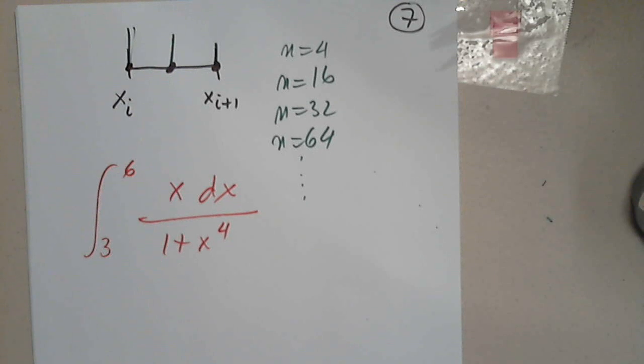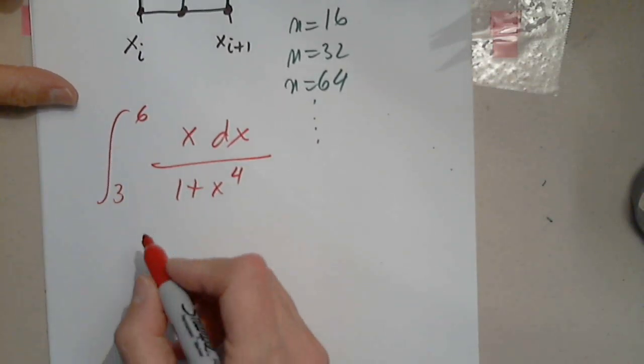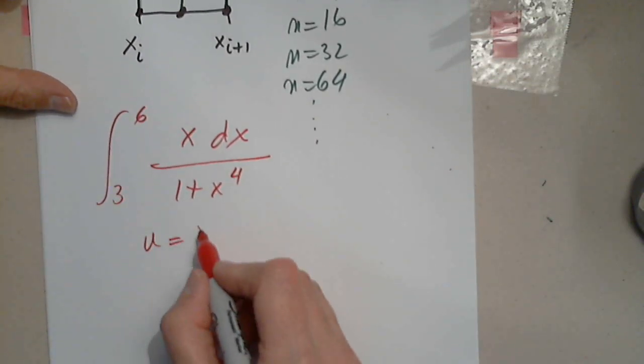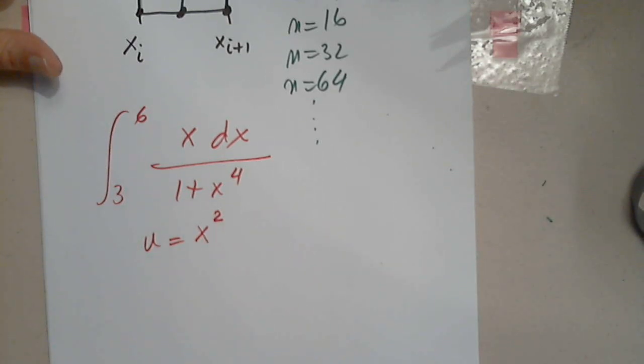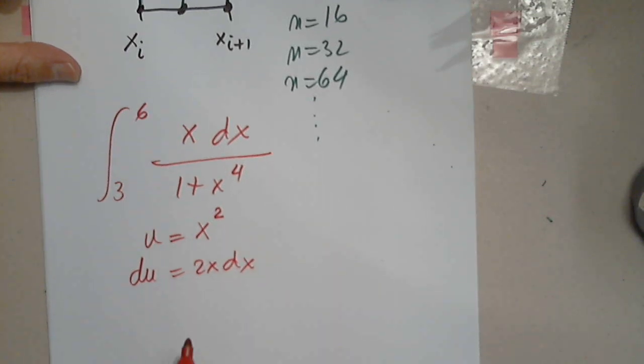Any suggested substitution? Well, this one is a little bit harder because the substitution we have to use is u equals x squared. And here's why: du equals 2x dx.